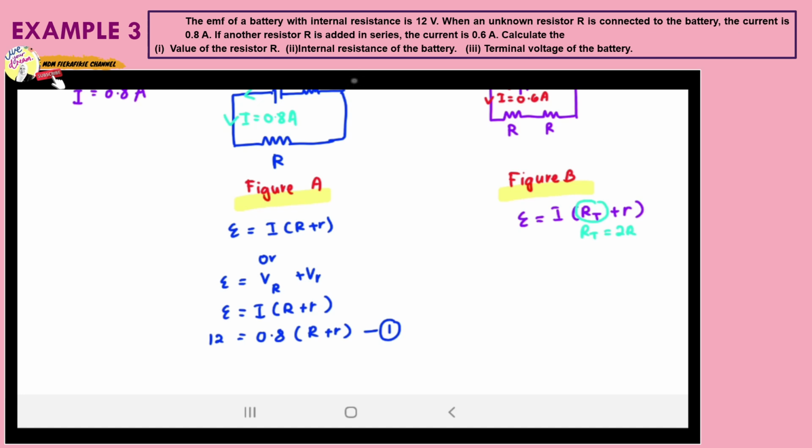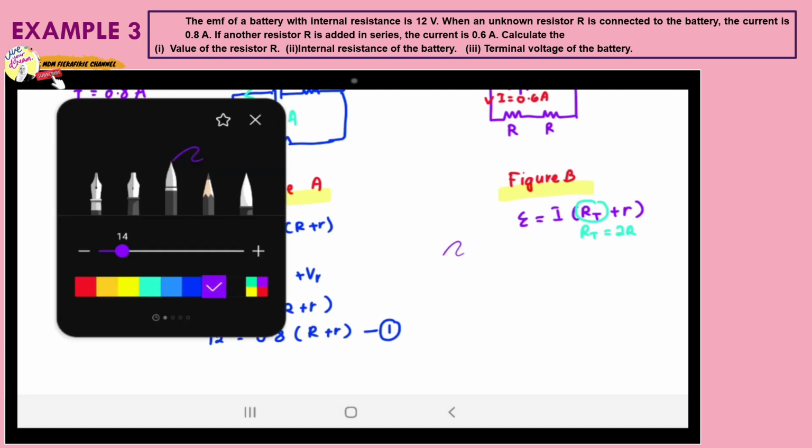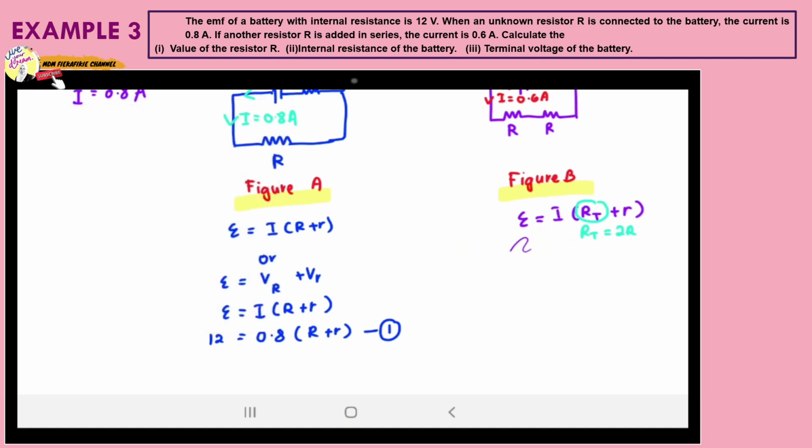Now EMF here is still 12 volt, but the current here is 0.6. And R total here is 2R plus r. So let's try to solve these equations.